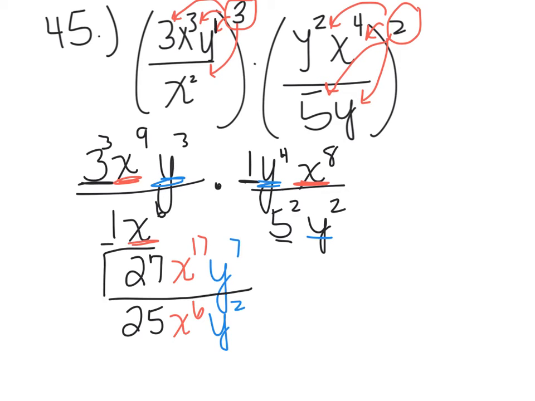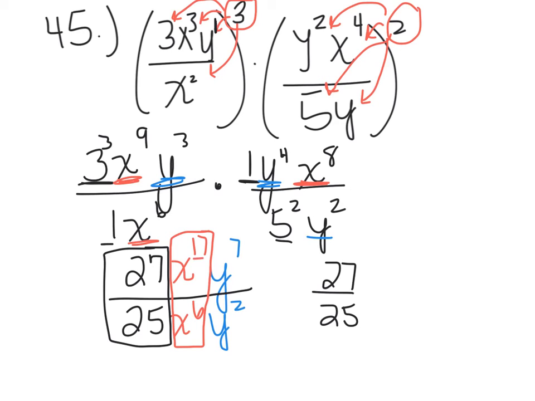You always want to start by looking at the numbers to see, is there a common factor that you can simplify? 27 and 25 don't have any common factors, so that's how that fraction is going to stay, 27 over 25. You then move to your next like bases, x to the 17th over x to the 6th. When dividing like bases, you subtract your exponents.